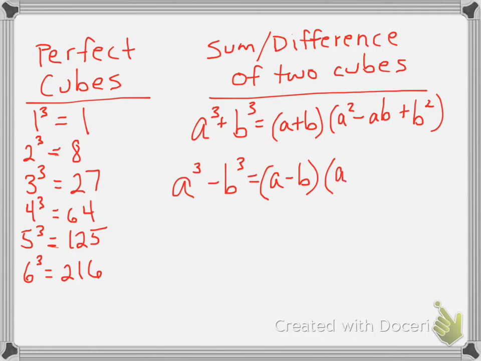But pay attention to this next part. Notice I add a b on this one. Okay, and the reason is because if you want all these middle terms to cancel, if this is plus, then this needs to be minus, so that'll cancel.